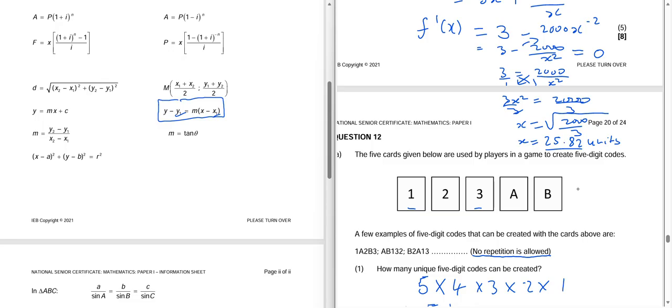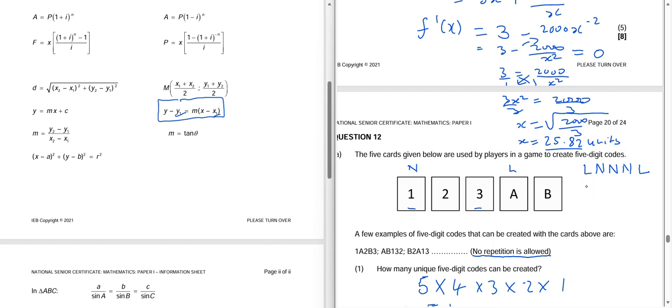It means, for example, I'm going to represent the numbers with the letter N and the letters with the letter L. If, let's say, I have started with a letter, I'm not allowed to put another letter. I'm only allowed to put a number there, and maybe another number, then another letter.